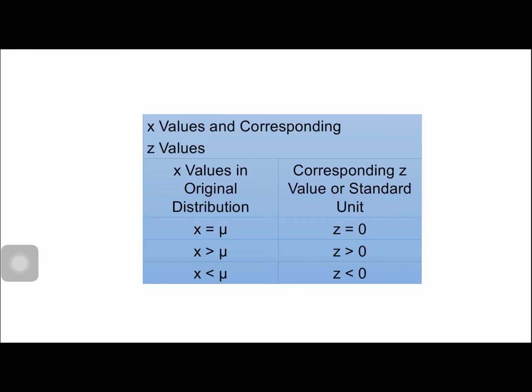In our table, it shows us the x values and the corresponding z value. For x equal to mu, our z is equal to 0. If x is greater than the mean, then z is greater than 0. If x is less than the mean, then z is less than 0.